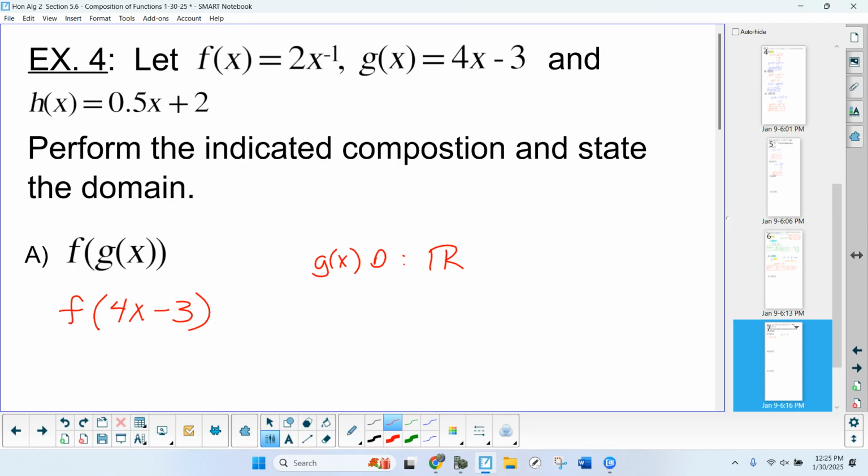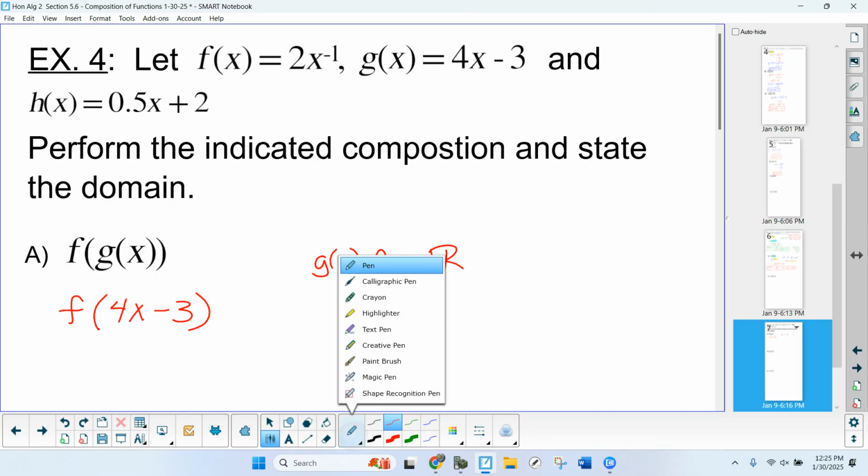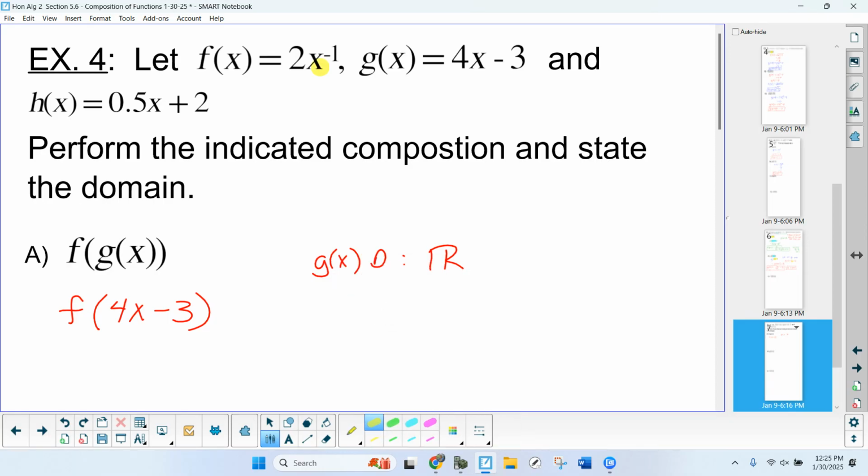Now we're going to go to f. And everywhere I see an x, I'm going to plug in what? 4x minus 3. So when I do, I get 2 times 4x minus 3 all to the negative 1. Are you guys okay with how I wrote that?